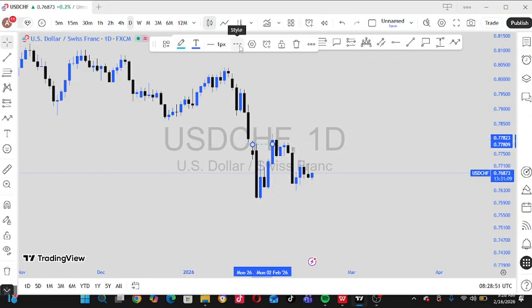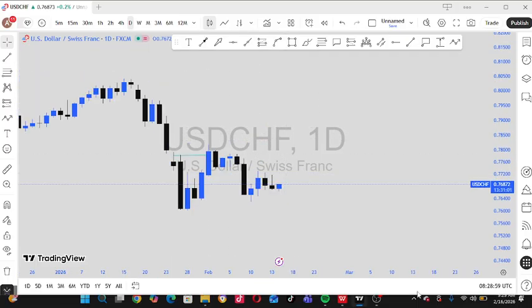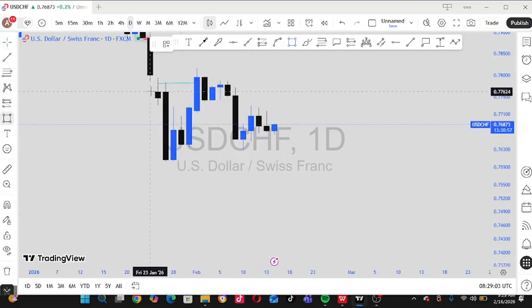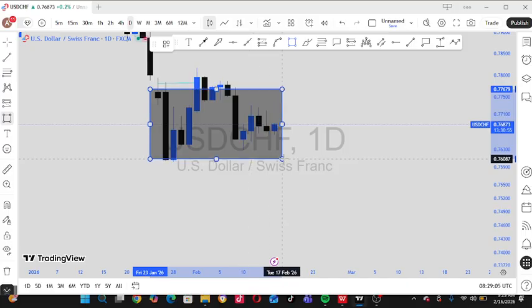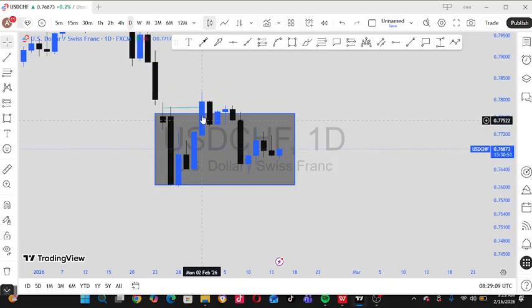Market gives us BOS, a break of structure. That means, or we can still call it change of character, anyhow you want to call it. Then we have this as what? As a demand zone, which market is inside a demand zone, because market has broken past this bearish candle.